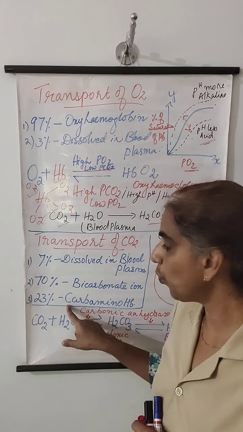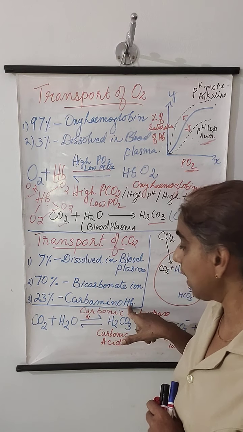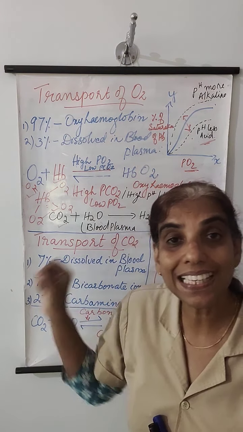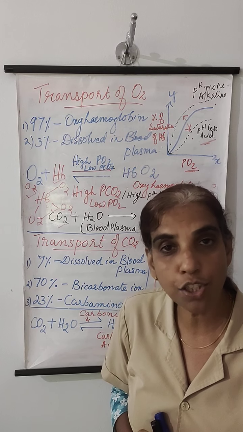I will go with carbaminohemoglobin first, because once hemoglobin reaches the tissue, carbon dioxide content is more.